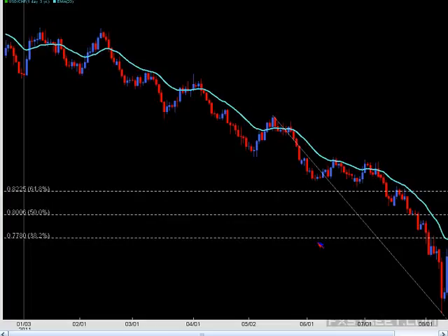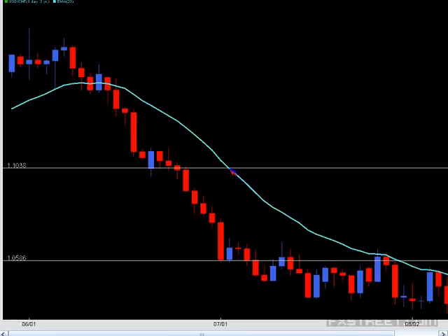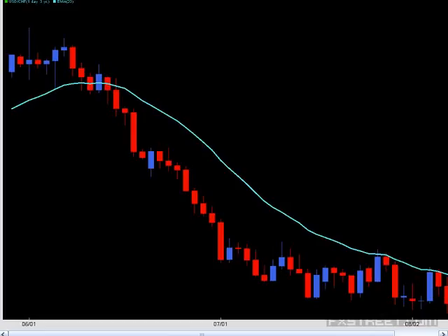A very long time. In fact, I couldn't even recall if I went even further back, maybe here. Maybe. At this point. Yeah, pretty close. Almost. Still about 80 pips short. But this was the largest spread I had seen from the 20 EMA and price action.